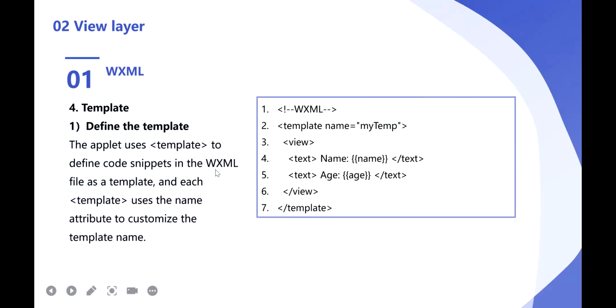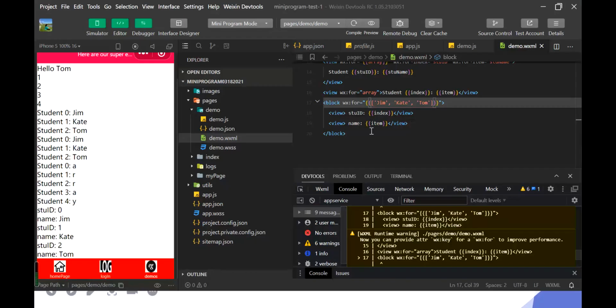When we want to use templates, not only do we define it, but we also need to use it. So at first we define this template in our WXML file.